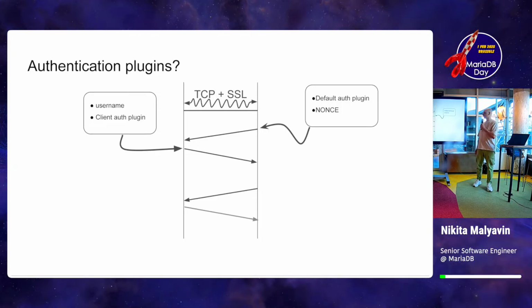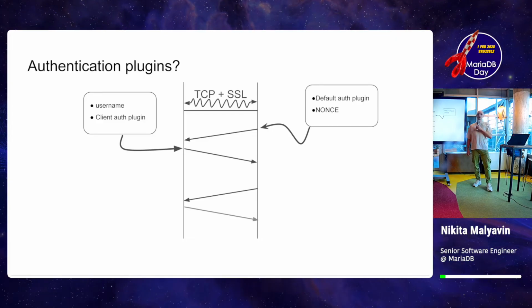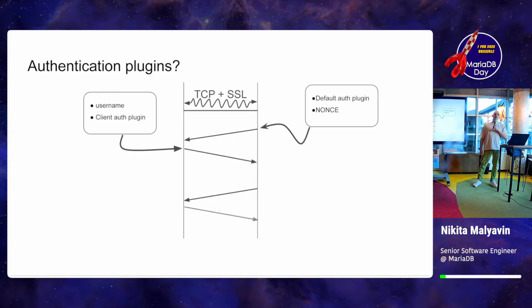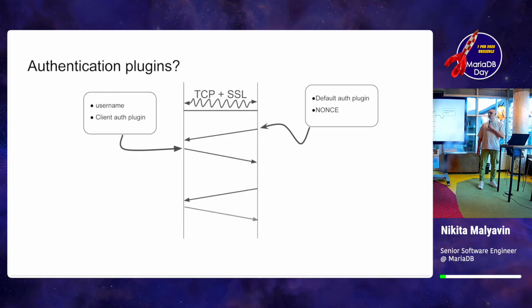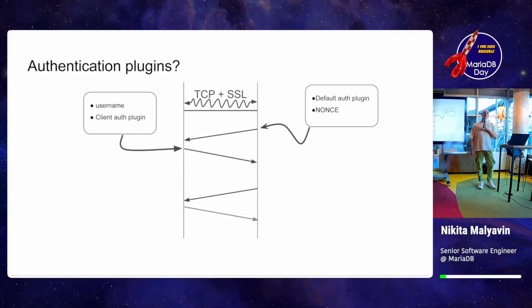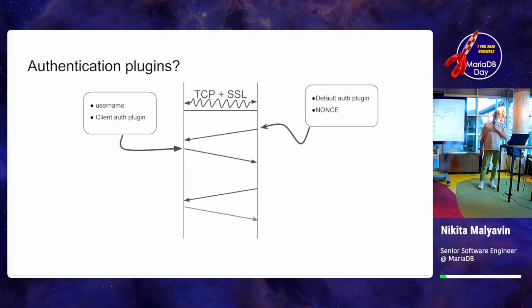It can be used later or maybe not. And it will try to decide with the client which authentication plugin will be used. The server always has some authentication plugin considered default, and this is the string that the client receives first.